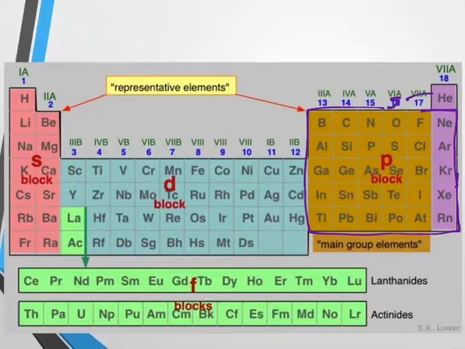The d block can hold how many electrons? 10. How many columns do we have? 1, 2, 3, 4, 5, 6, 7, 8, 9, 10. How many do we think there's going to be in the f? 14, and there is. So it all starts to make sense. This periodic table is so beautiful.